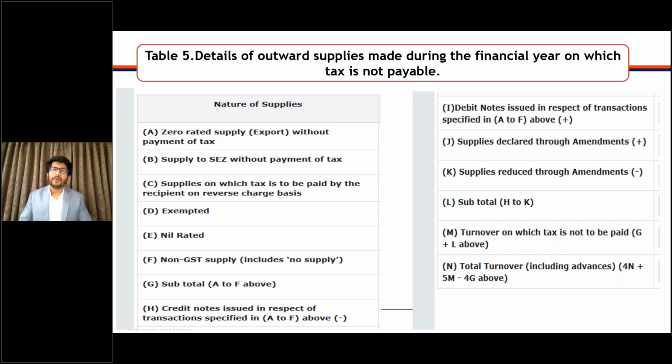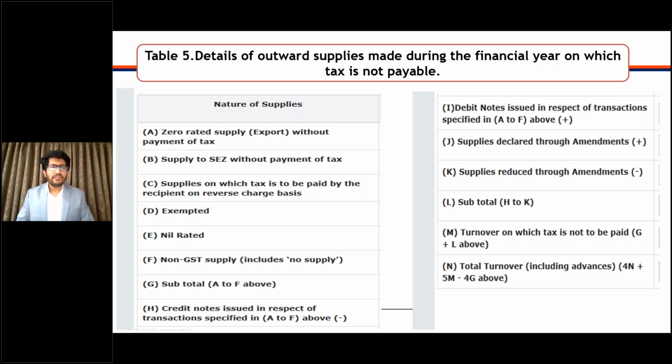If tax is not payable, then table 5. Table 4 in addition to this also cover two different transactions, advance and inward RCM transactions. Also we saw in case of advances, it was only for those advances which invoice is not yet issued.